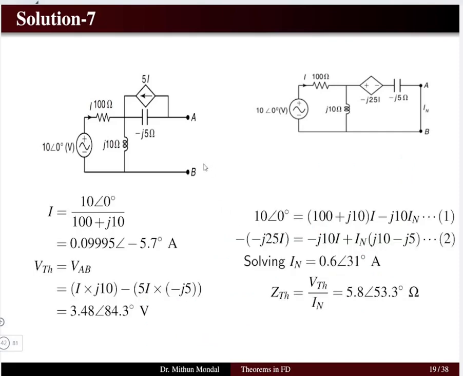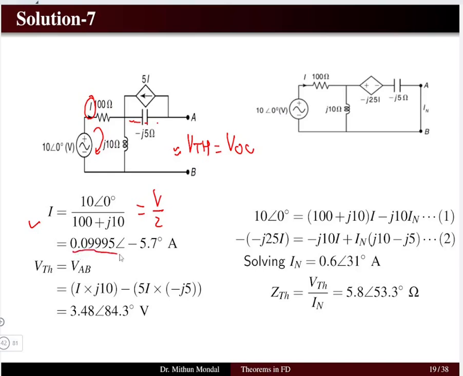First, let us determine the value of voltage Thevenin, which is equal to the open circuit voltage at the terminal AB. To determine the voltage at the terminal AB, I need to determine the current flowing through the source. Now this current will not flow this side because it is an open circuit. So the current will be flowing in this particular loop. We can determine the current as the voltage divided by the net impedance of the loop.